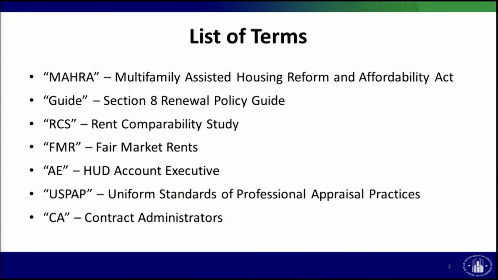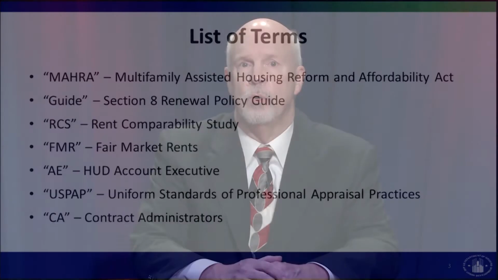FMR, or Fair Market Rents. AE refers to the HUD staff person who is the account executive. USPAP is the Uniform Standards of Professional Appraisal Practices. And CA stands for Contract Administrators.